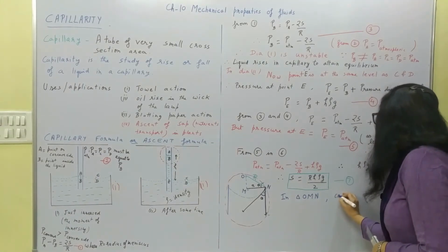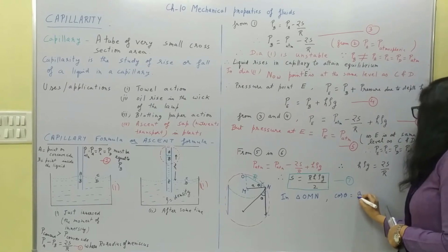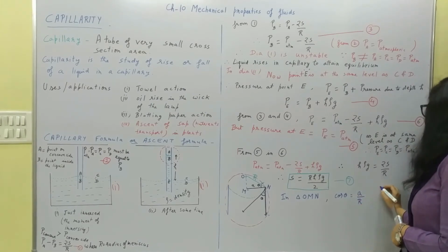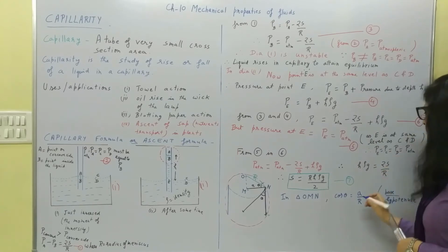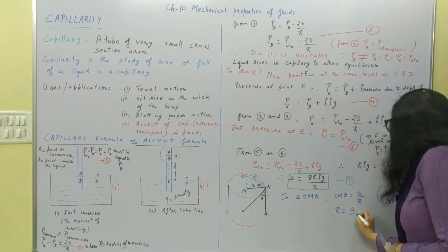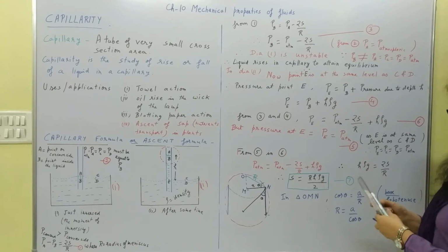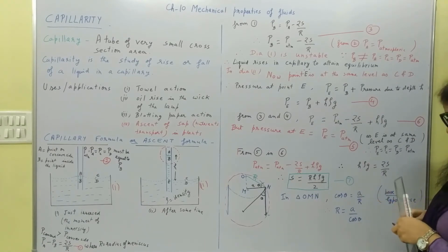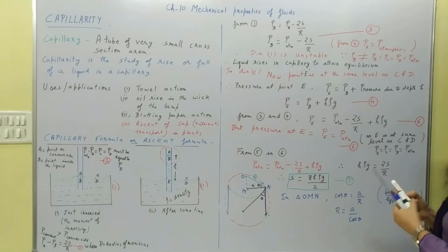Cos theta is base upon hypotenuse. So from here R comes out to be A upon cos theta. So we can write this value from equation 8. Let me mark it.